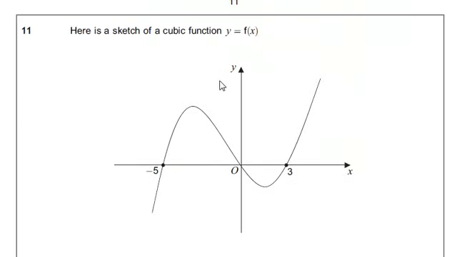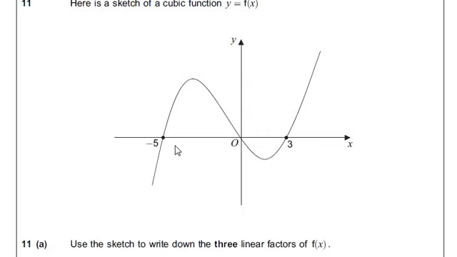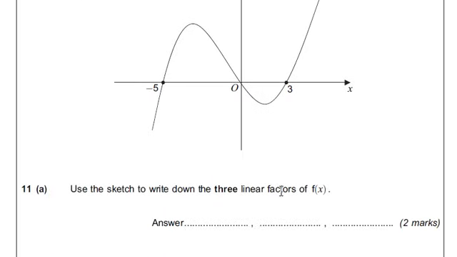Here is a sketch of a cubic function f(x), and notes the three intersection points are labeled. So we have to find three linear factors of that cubic formula. So what is a factor? A factor is what makes that equation, and if we know that y will be equal to 0, that means that factor is going to be 0 at that point.